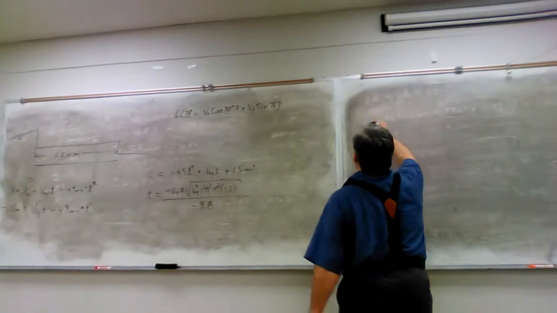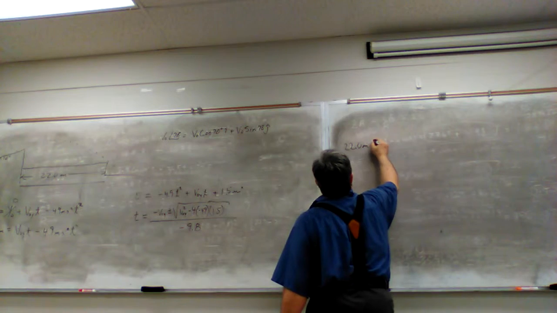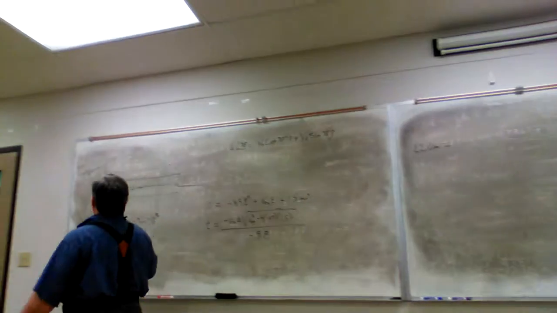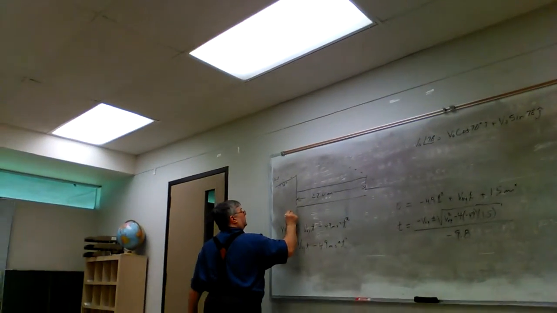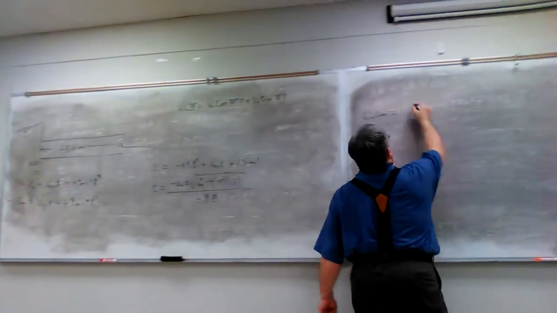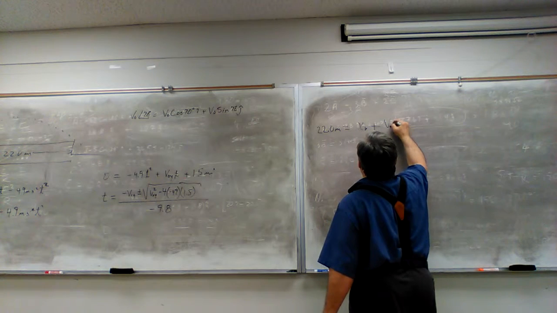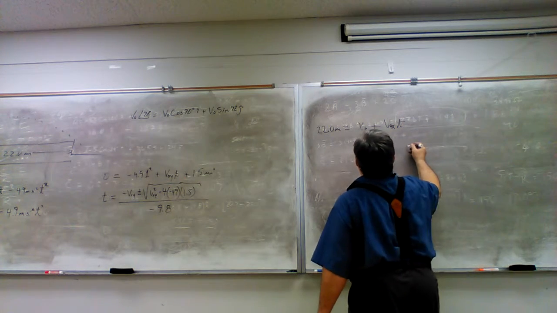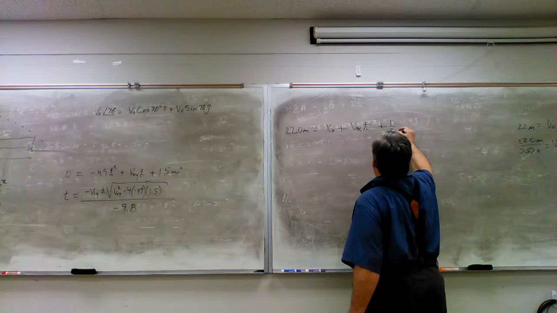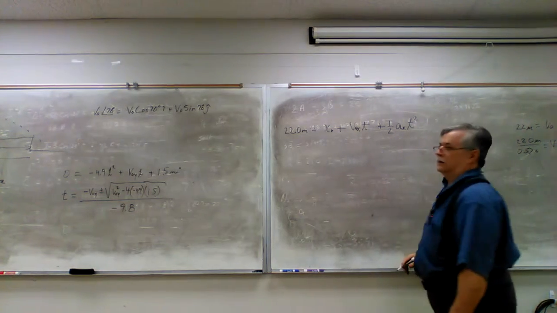Then we have x equals 22 meters will be equal to x sub naught, which we're going to call x equals 0, plus v sub naught x times time plus 1/2 a sub x times time squared.